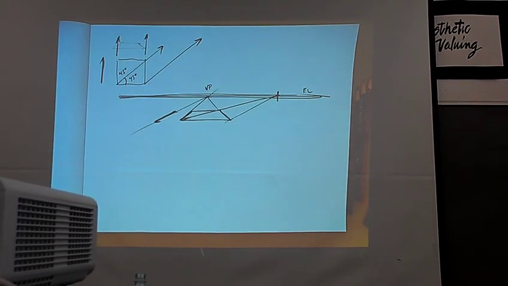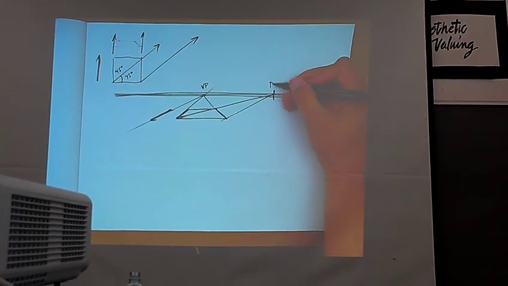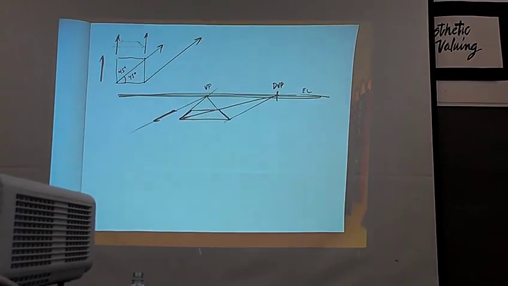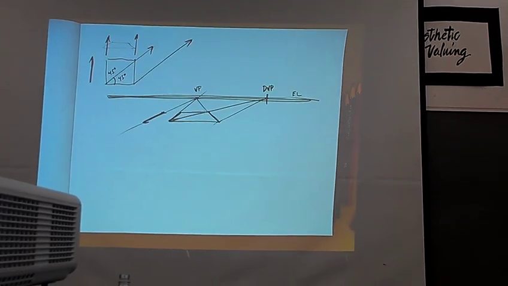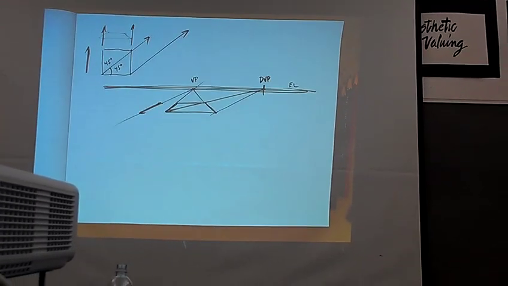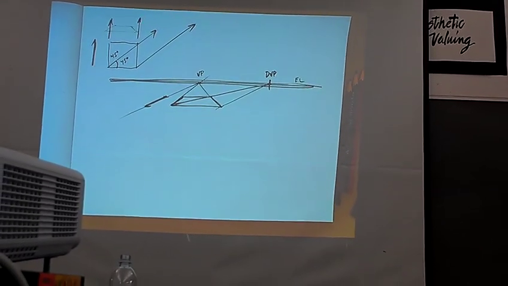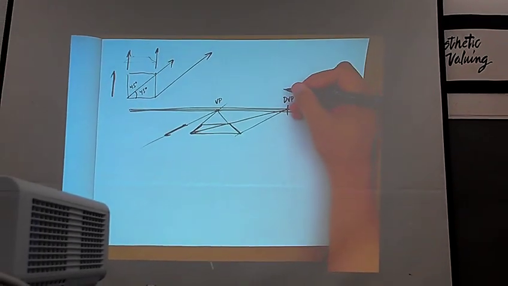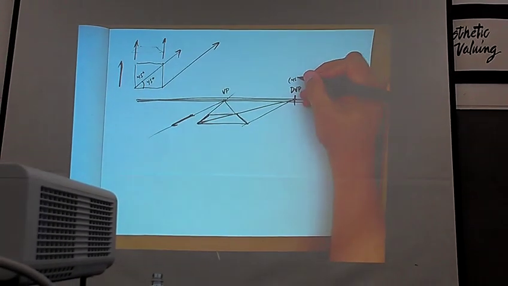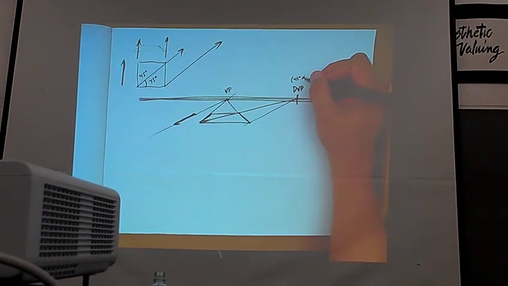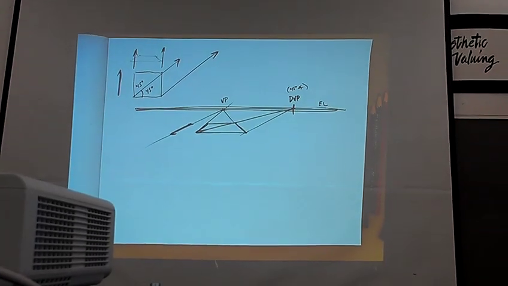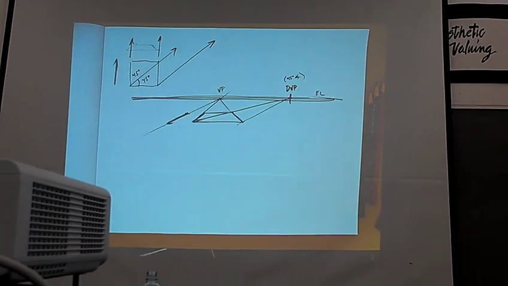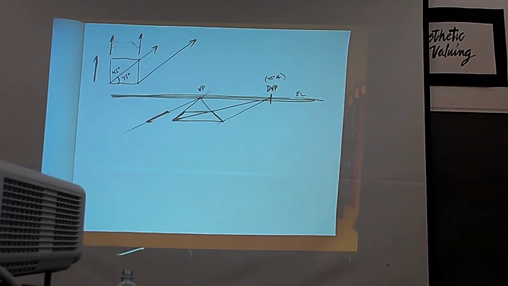See what I mean? So this, I'm going to call a diagonal vanishing point. And I'm going to put a 45-degree angle there because it's basically four lines that are 45 degrees off of the picture plane.